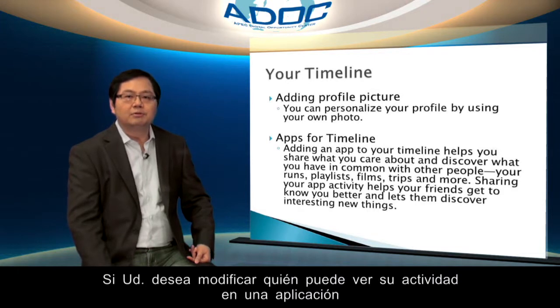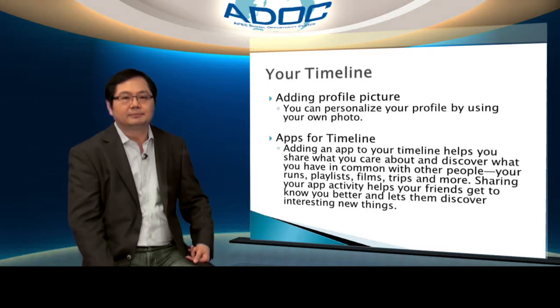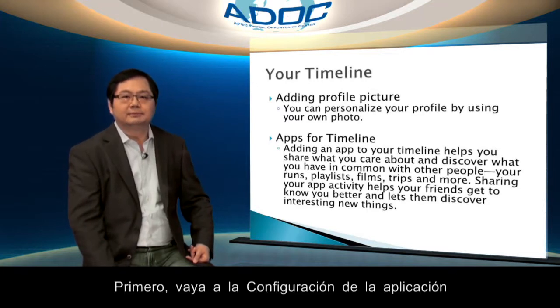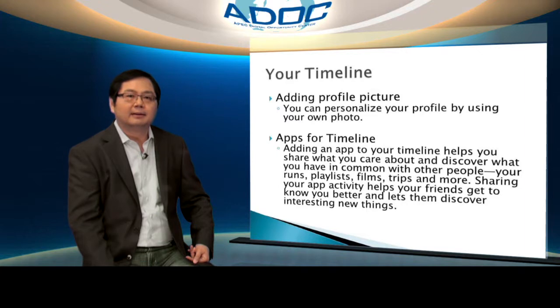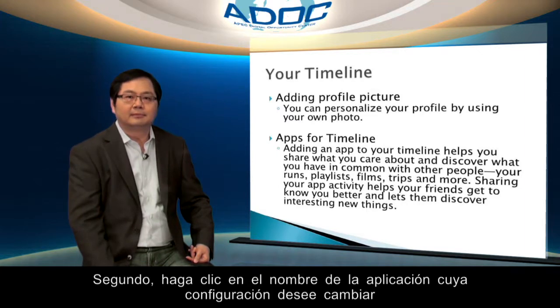If you want to modify who can see your activity in an app, first, go to your app settings. Second, click on the name of the app whose settings you want to change.